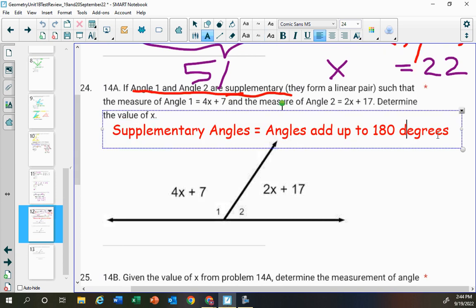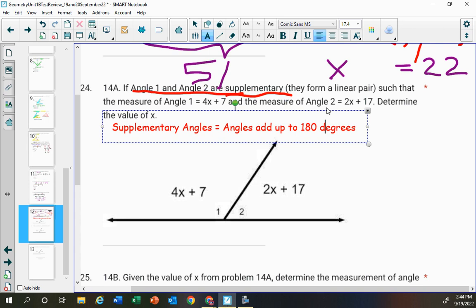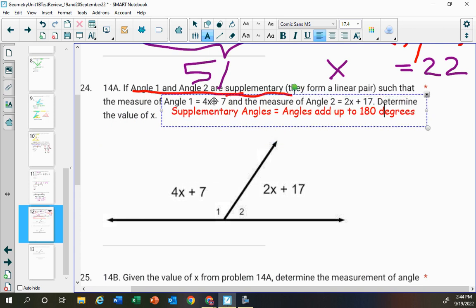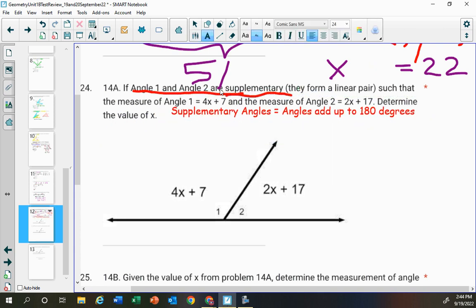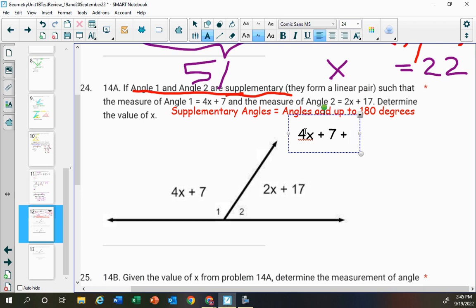Good job. All right, you're right. So let's write, I'm gonna write that down real quick. So we have 4x plus 7 plus 2x plus 17 equals 180. So this is gonna be a setup, ladies and gentlemen.